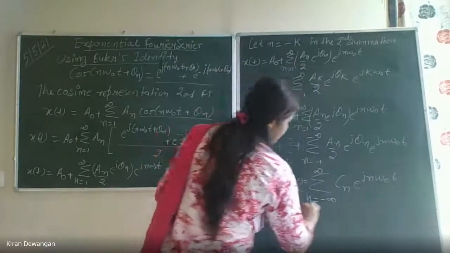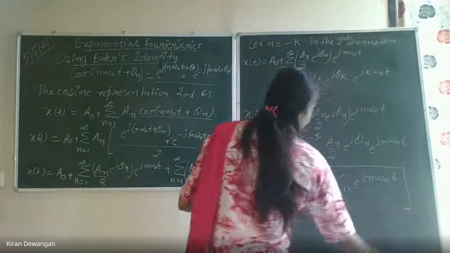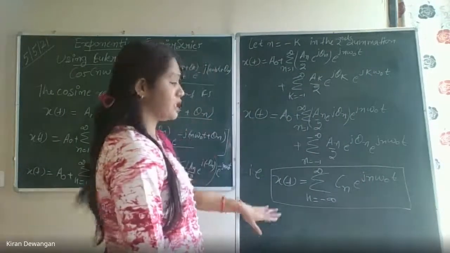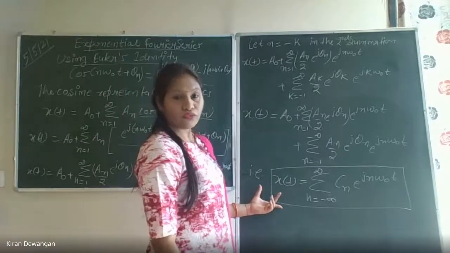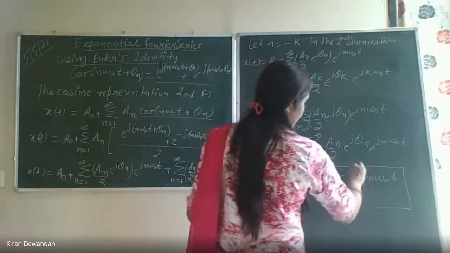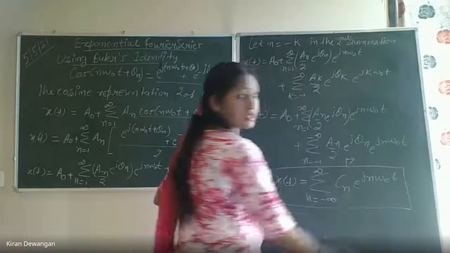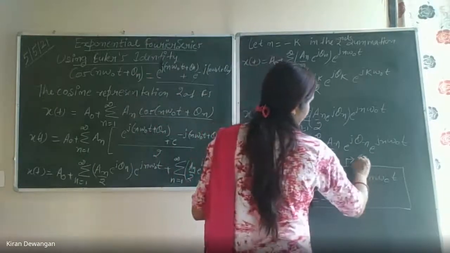Now what is cn? I will just let you know. Okay? Now this particular expression is the exponential form of Fourier series, and this equation is also known as the synthesis equation.